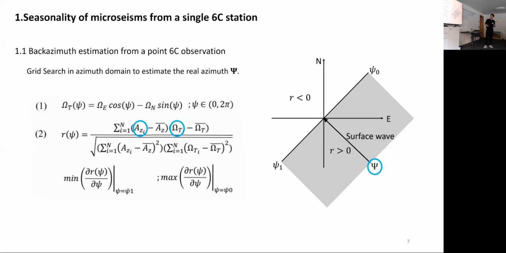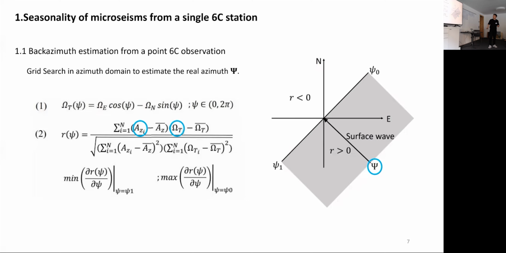We can find the real back-azimuth at the central point of the positive part of the correlation coefficient. This is quite simple for estimating the noise source direction, and also works for earthquake waves.